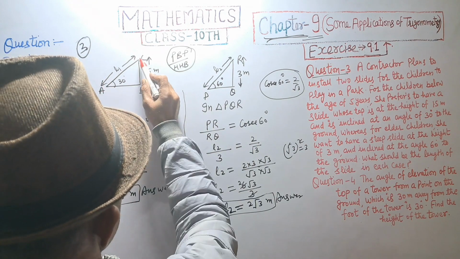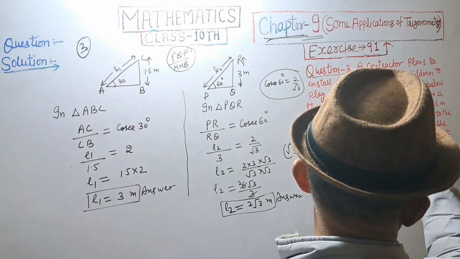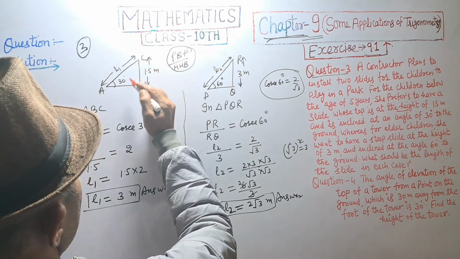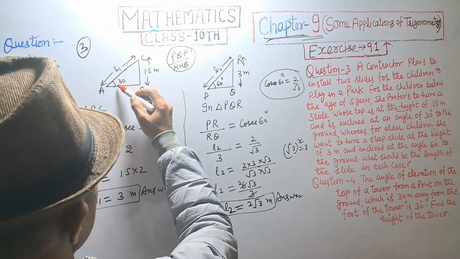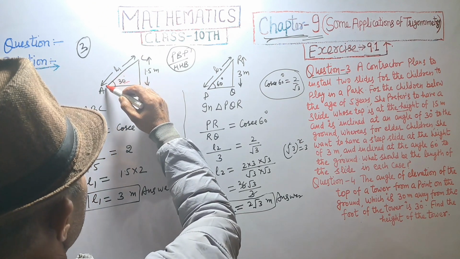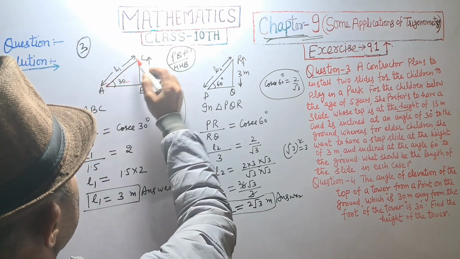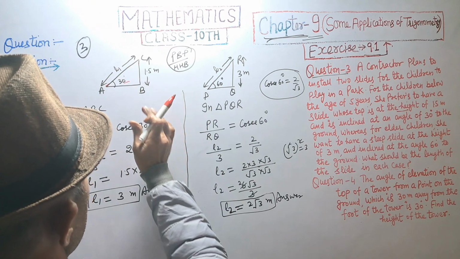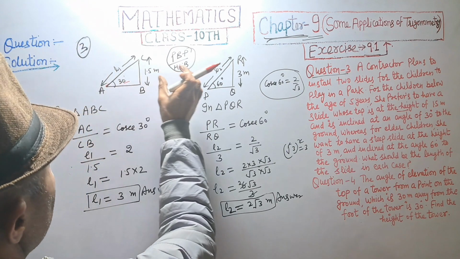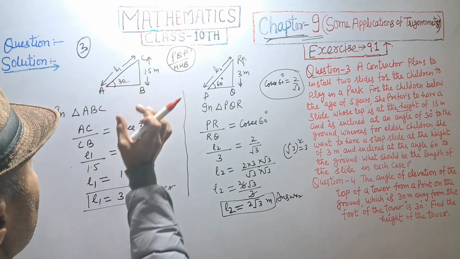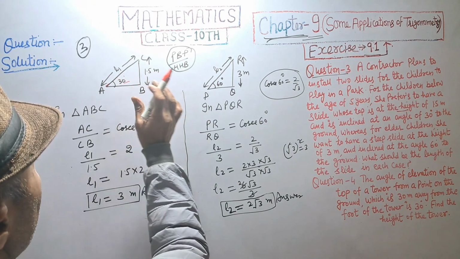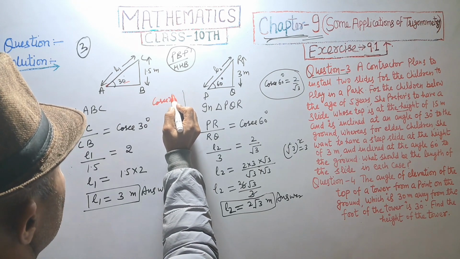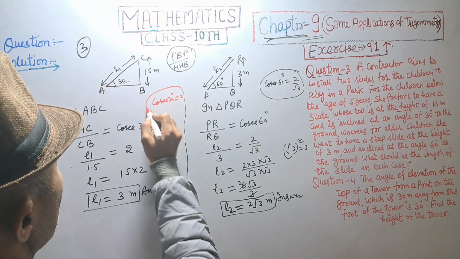In triangle ABC, height is 1.5 meter, CB is 1.5 meter, inclined at 30 degree, and we want to find the value of AC, that is length L1. AC upon CB, that is hypotenuse upon perpendicular, is cosecant theta, and cosecant 30 degree is equal to 2.